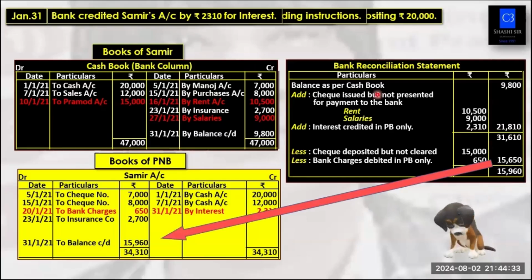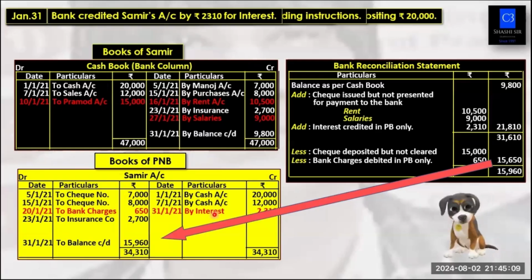So we started preparing the bank reconciliation statement by taking the balance as per cash book, that is 9,800. And we analyzed the transactions as to which transactions are present in both books, which are present in cash book only, and which are present in passbook only.